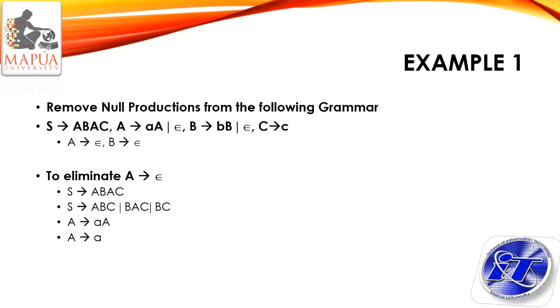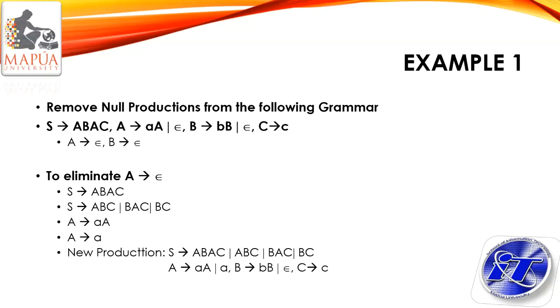Now the production rule will be, S yields to four possible results: ABAC, ABC, BAC, and BC. While for A, now we remove null. Now we have a new rule.